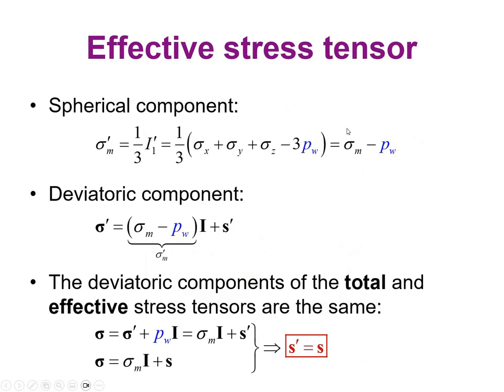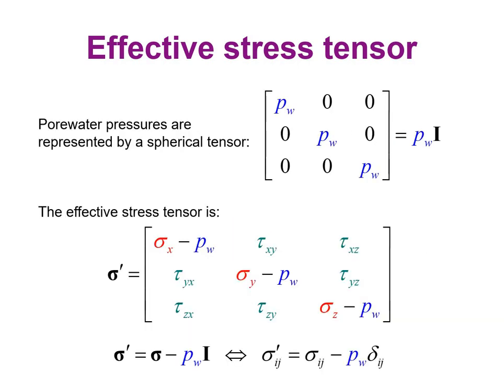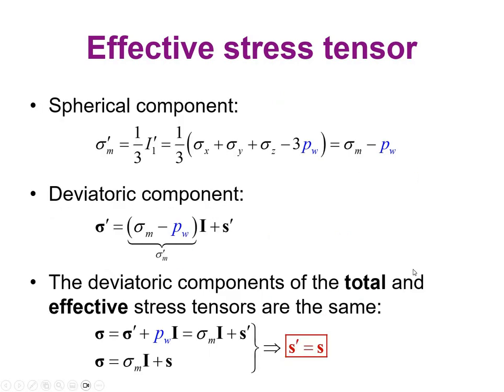And of course, the effective stress tensor is a tensor, so it can be decoupled or decomposed in the spherical component and the deviatoric component as well. So if you do this mathematical exercise to decompose the effective stress tensor in the spherical component and deviatoric component, you arrive at the conclusion that the deviatoric component of the stress tensor is equal to the deviatoric component of the effective stress tensor.